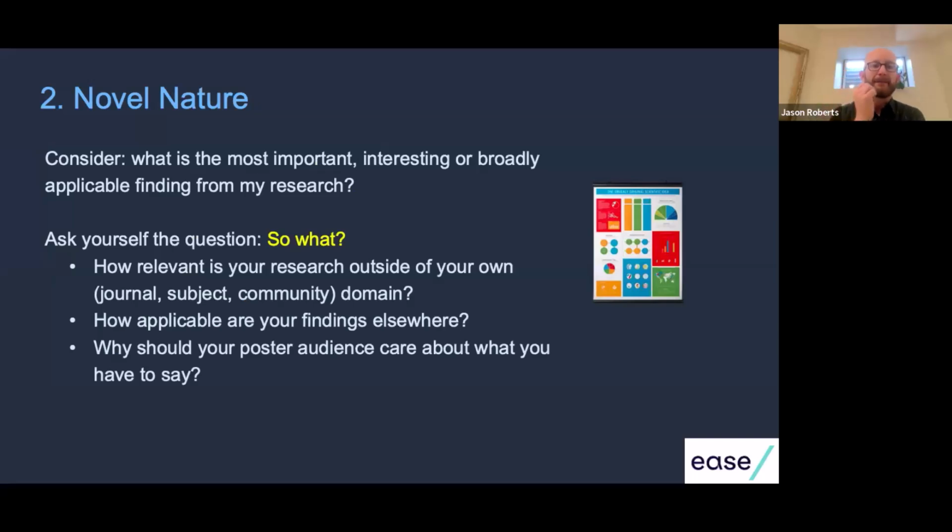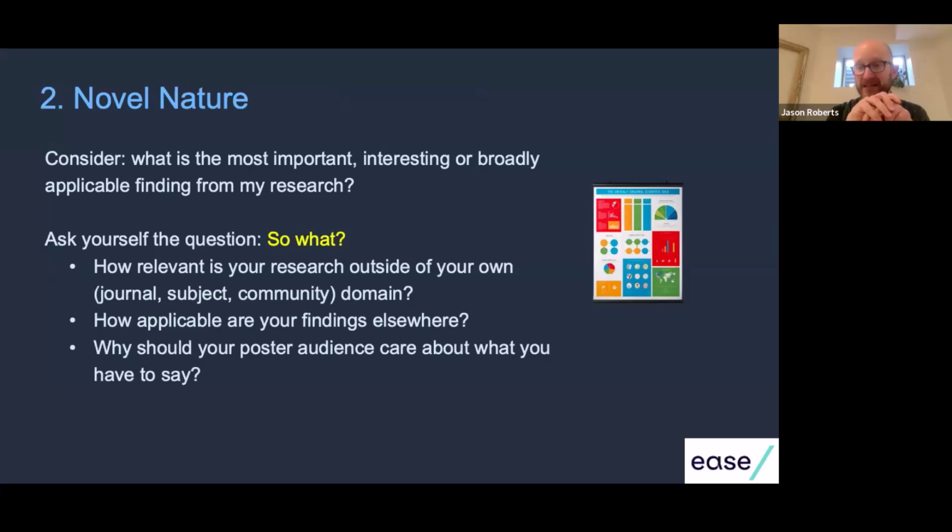Okay. So in that marking pie chart I had before, there were 20 marks for that first section that I've just dwelt on. 10 marks go to the novel nature. So when assessing the posters for those prizes, and even just for the assessment of the abstract, is this novel? And most things generally are novel.